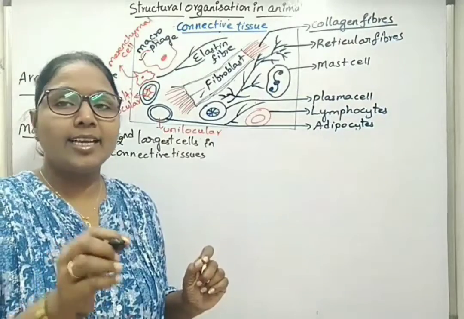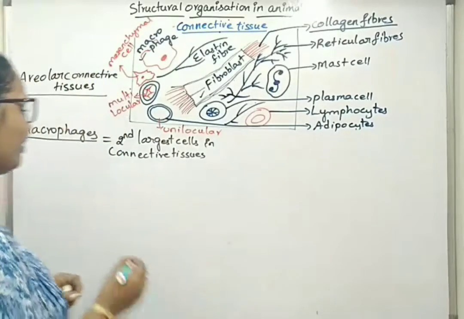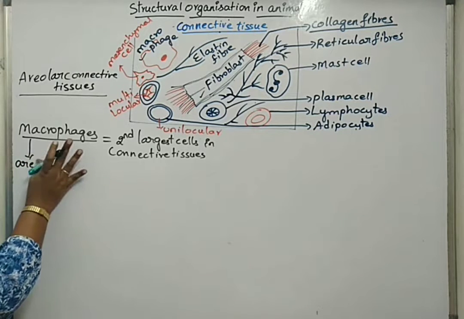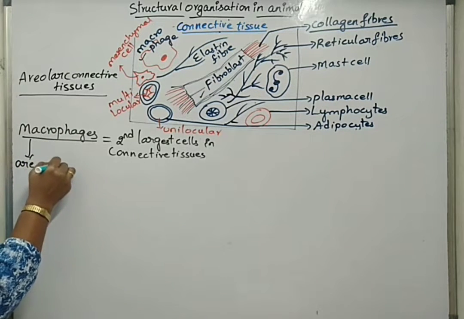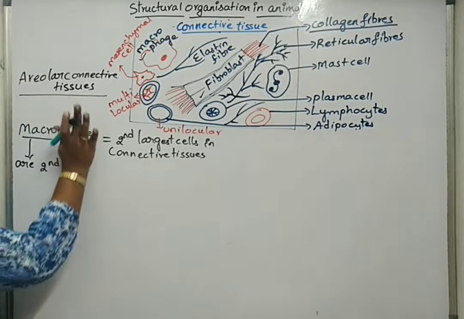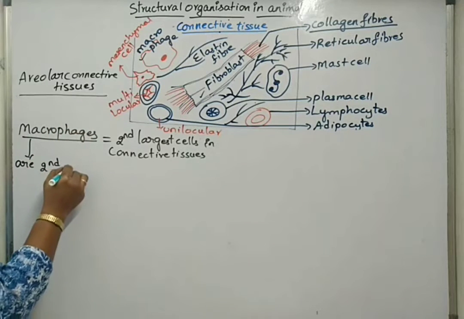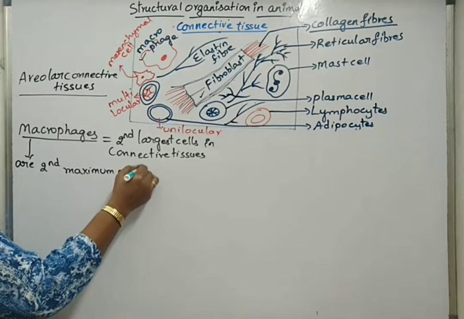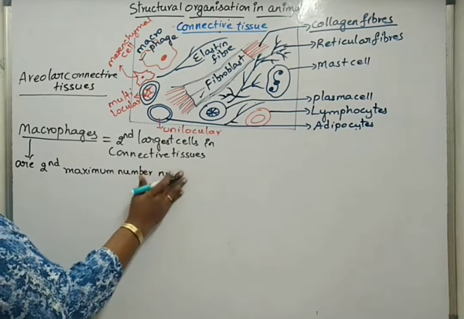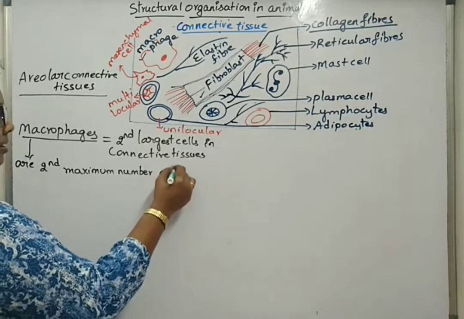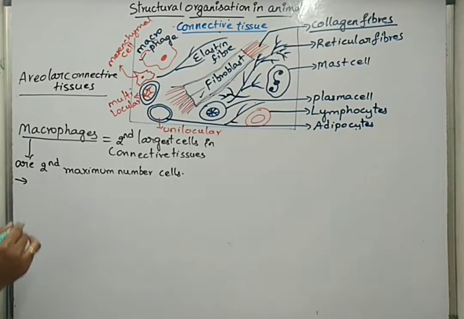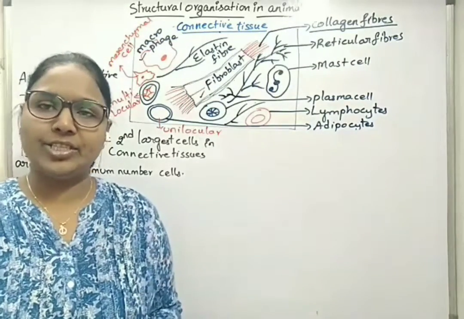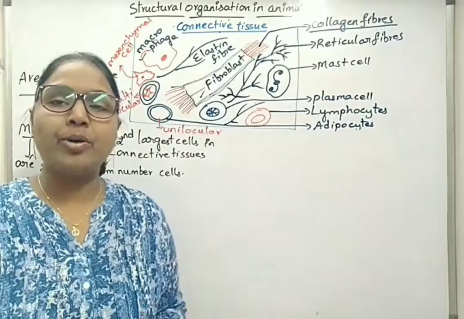Macrophages are second largest in number in connective tissues. Second maximum number will write. Fibroblasts are said as undifferentiated or irregular in shape, but macrophages are amoeboid in shape.